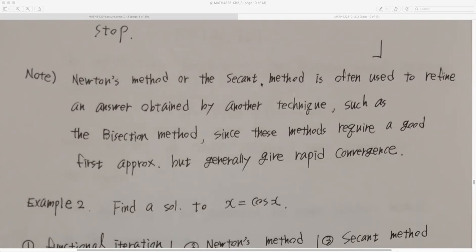So sometimes we first use the bisection method to find a good approximation and then use that solution as the initial approximation in Newton's method or secant method.